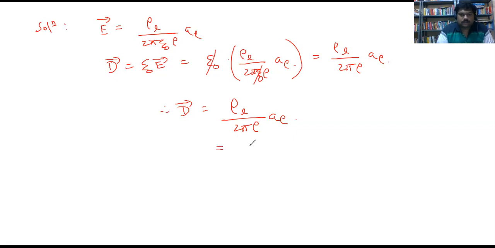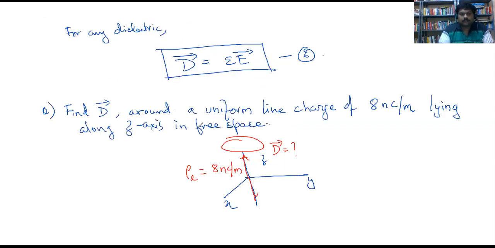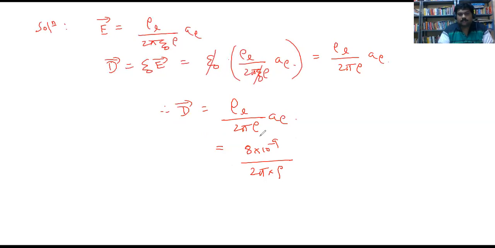So start substituting. Rho L is given as 8 nano, divided by 2 pi into rho. Rho is not specified, it is just said the surrounding. So nothing is specified, no distance is specified. In general, we will keep it as rho only. So this becomes 1.273 into 10 to the power minus 9 by rho.